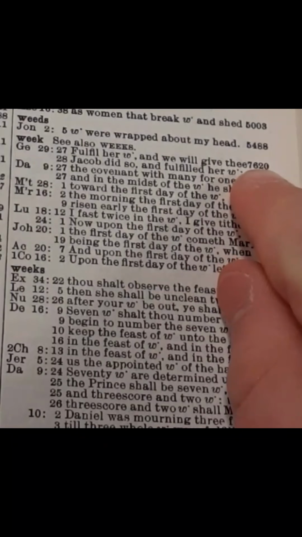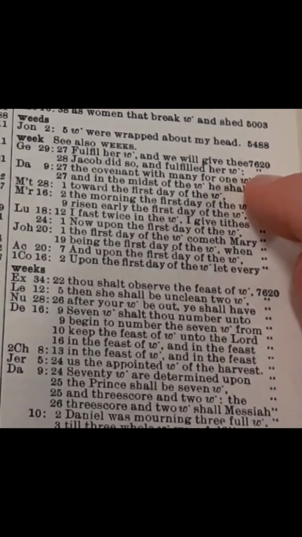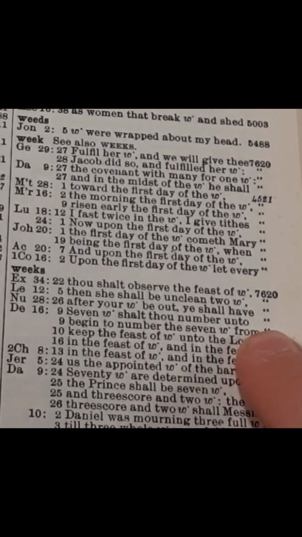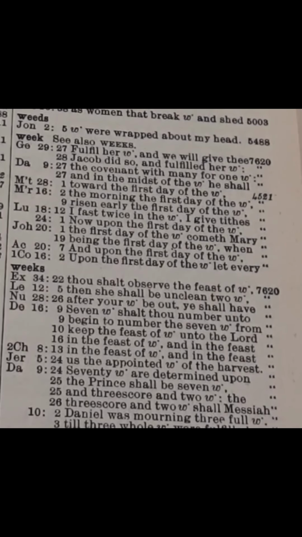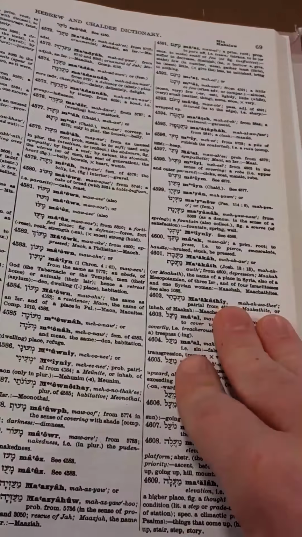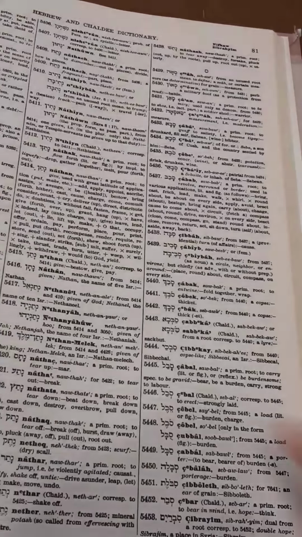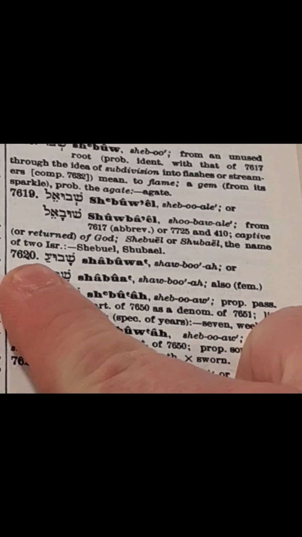The number is 7620. And then again, here under weeks, it is 7620. Same number. So we're going to look in Hebrew under 7620. And here we have number 7620.